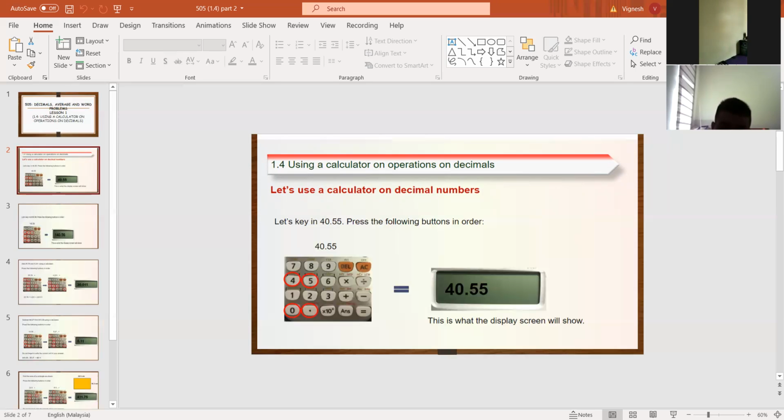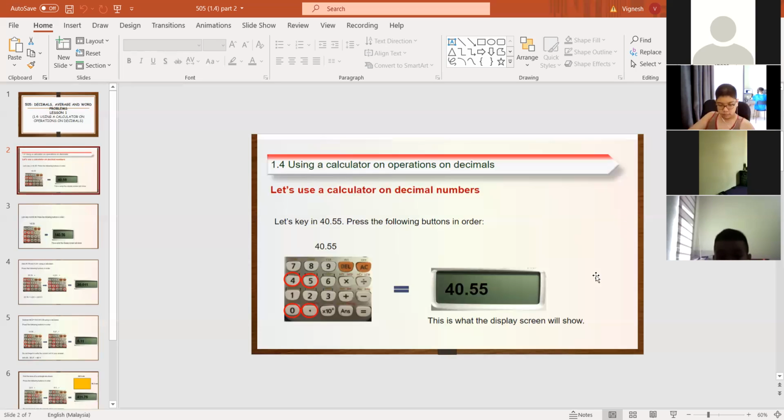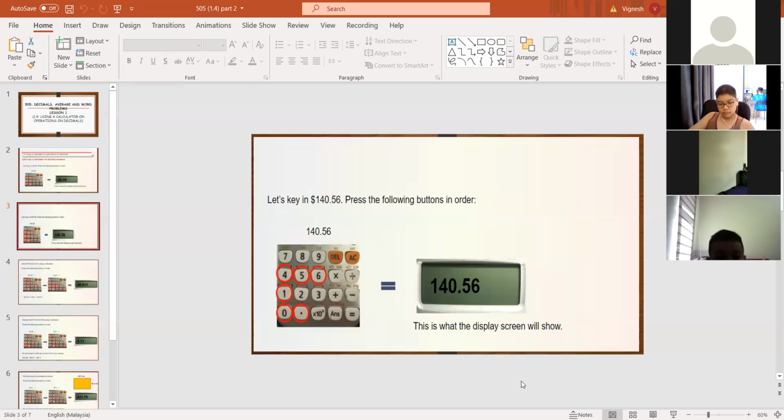No need, right? All know how to type the numbers, right, class? Okay, let's key in 140.56.